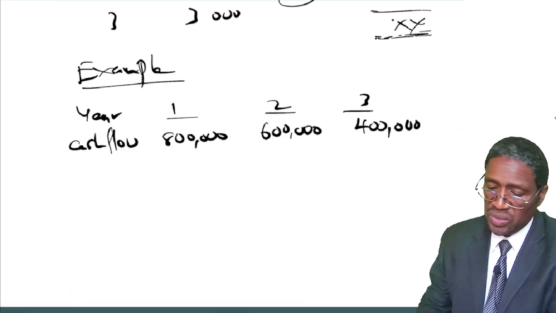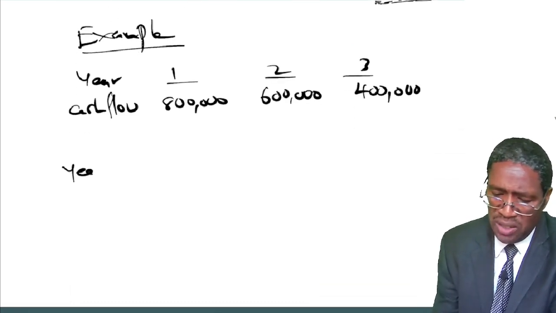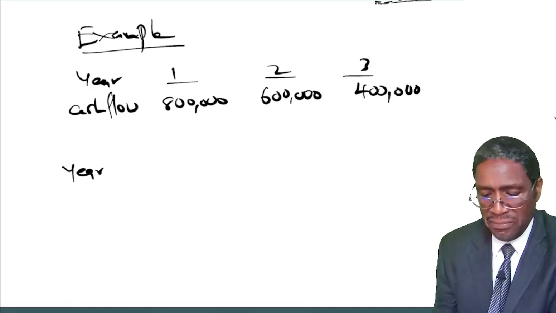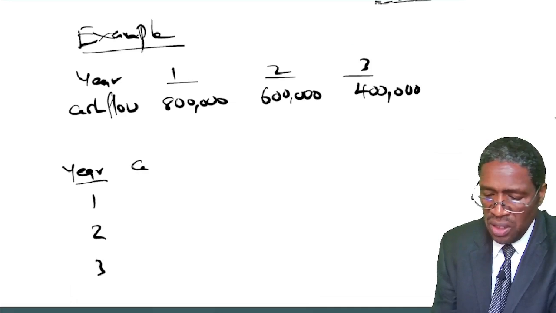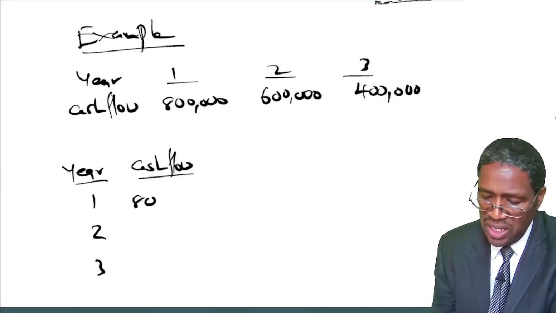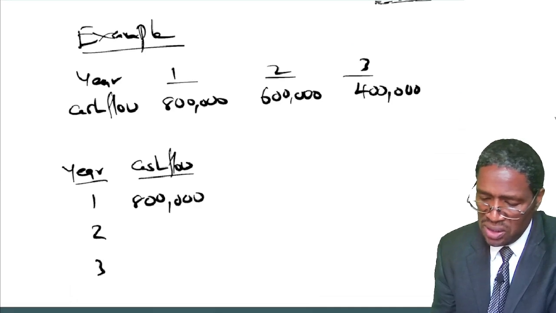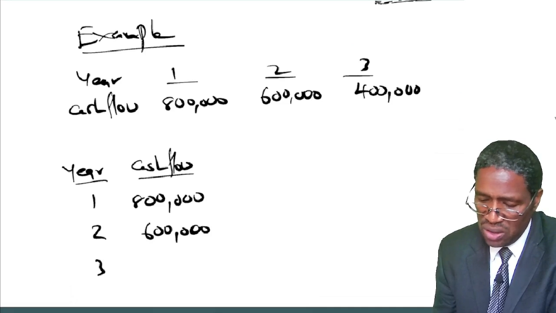Let's tabulate the table now: a column for year 1, 2, 3, and a column of the cash flows, 800,000, 600,000, 400,000.